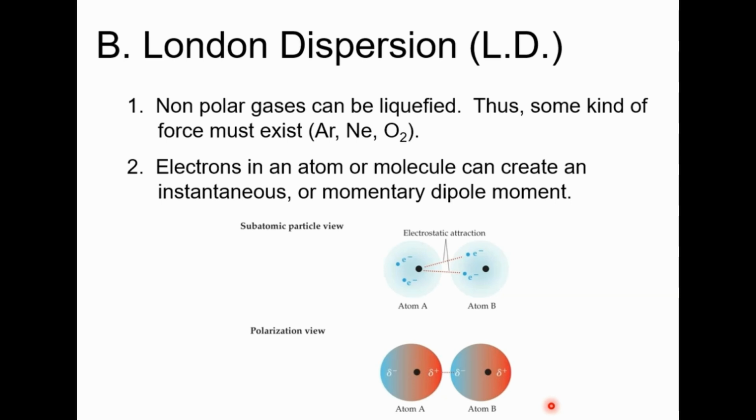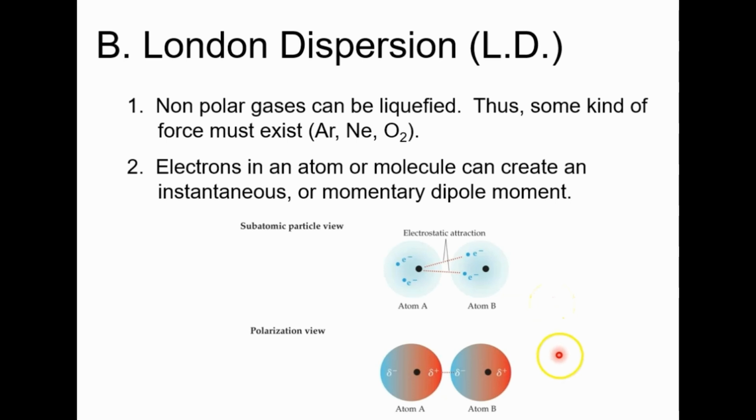Electrons in an atom or molecule can create an instantaneous or momentary dipole moment. We think about maybe an electron cloud being around the nucleus of an atom, or it could be a molecule like O2 here. And if the electrons get a little lopsided, that's going to make a dipole, and that can induce a dipole on the next atom.